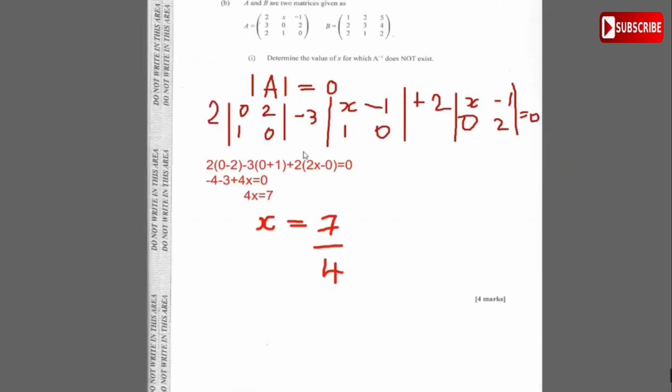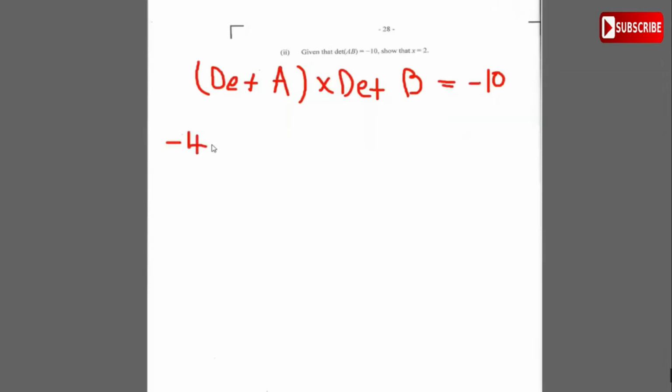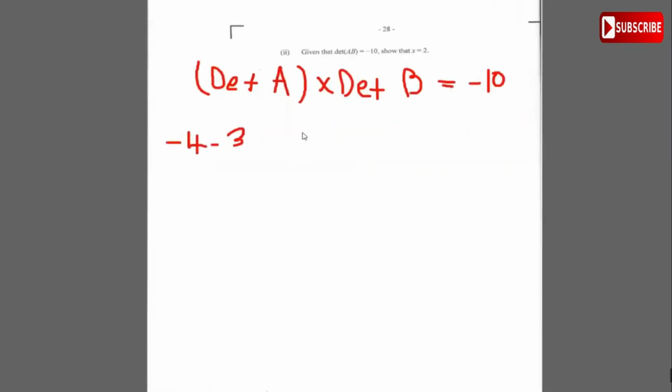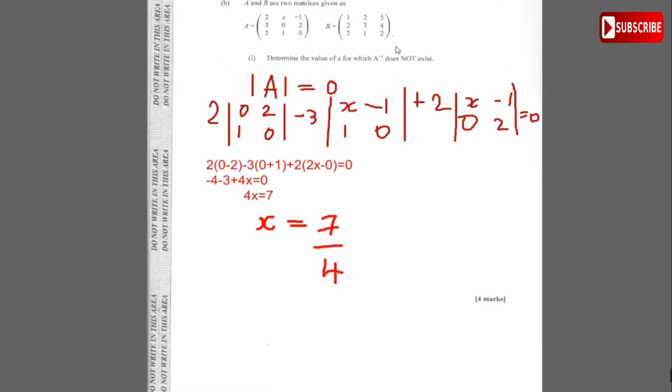Going back around here, it would have been minus 3, and going back here, it's going to be plus 2 times 2x, which is plus 4x. So the determinant of A is given by minus 4 minus 3 plus 2x. All of this is going to be multiplied by the determinant of B. And the determinant of B we can find.